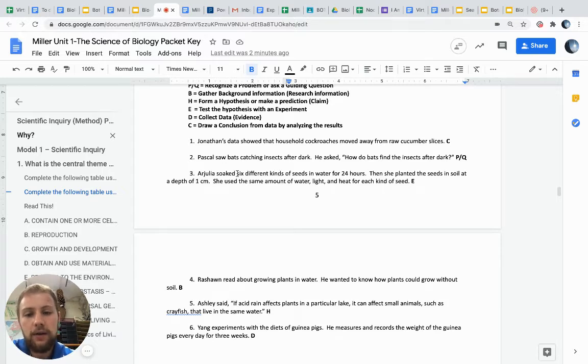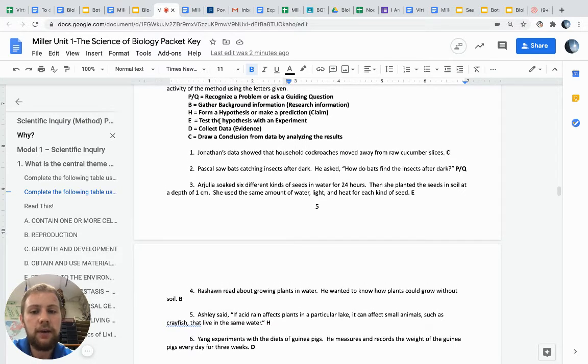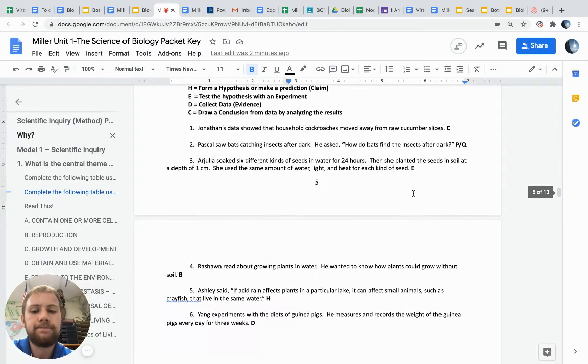We see here that seed type, based on using 6 different kinds of seeds, is our independent variable, and all the different controls would be same amount of water, same amount of light, same amount of heat for each kind of seed. So I would consider this definitely testing a hypothesis with an experiment, E.